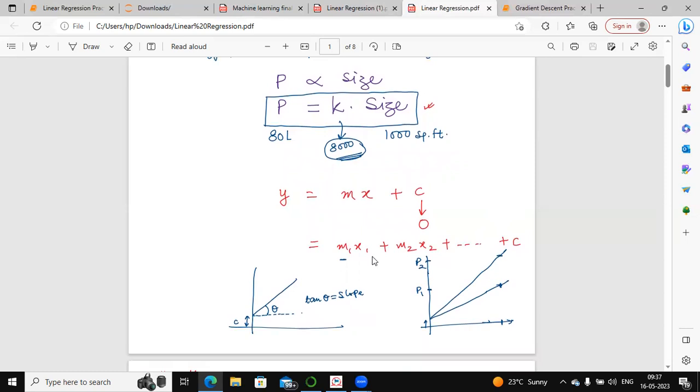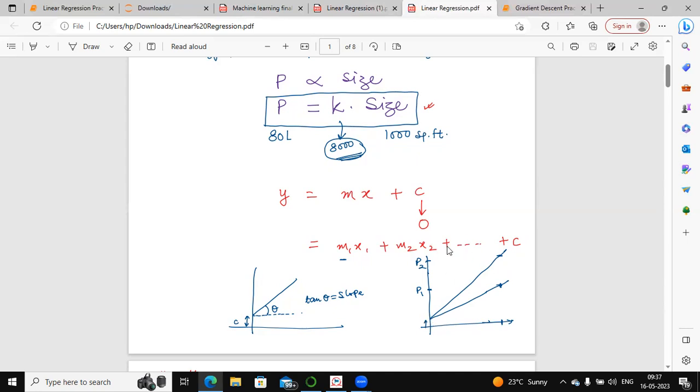So if you take this, we have point P1 and point P2. Let's say the point P1 has a slope M1, and so the equation of this line becomes y is equal to M1 x1 plus C1. And for P2 it becomes y is equal to M2 x2 plus C2. Okay. But you know that the intercept is the same, right?